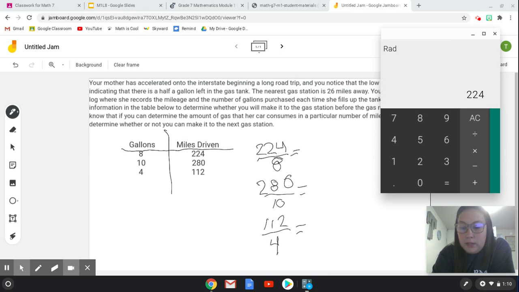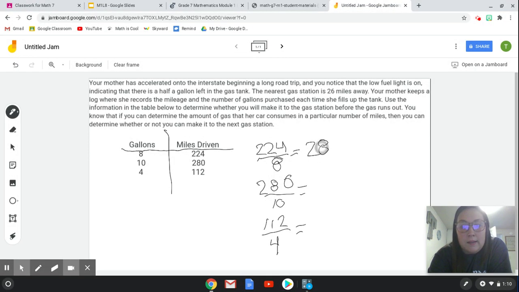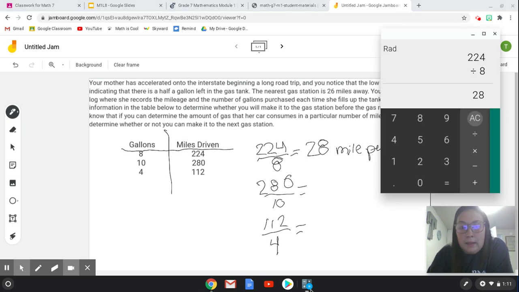224 miles divided by 8 gallons, and that'll give me 28 miles per gallon. Okay, well, let's try the next one. 280 divided by 10.